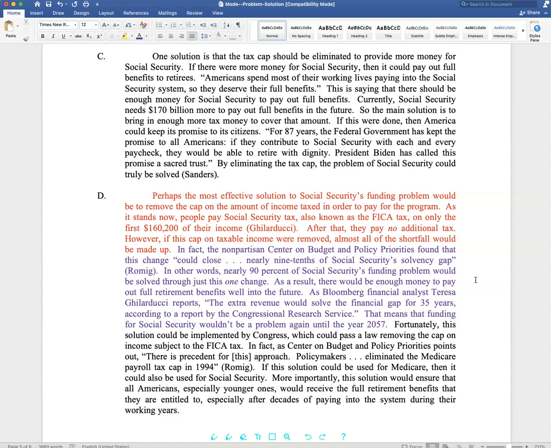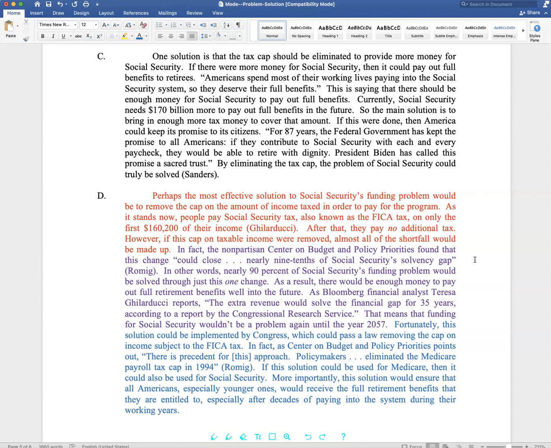That really is very persuasive that this solution would work. And then finally, we have a discussion of how the solution would be implemented, how it would be put into place. You would have to have Congress pass an act, and it had a very nice piece of evidence showing that they had done that before with Medicare, and that worked. So it's really covering all the bases.